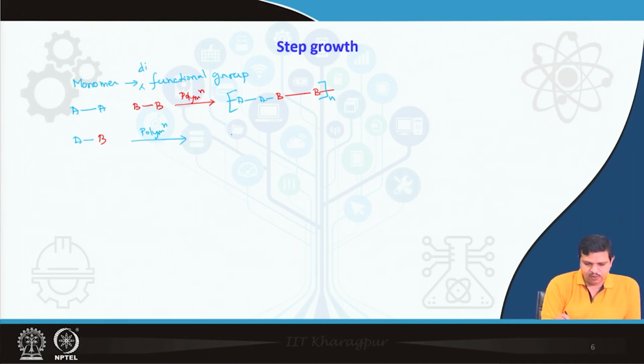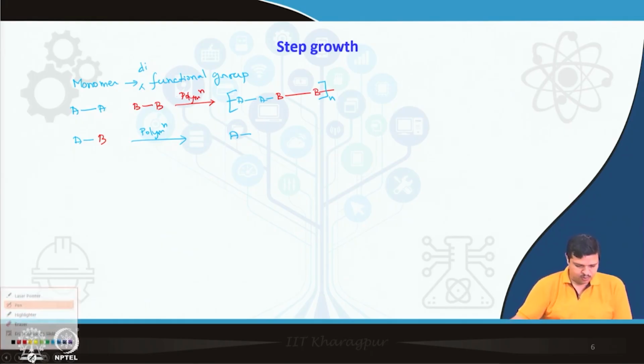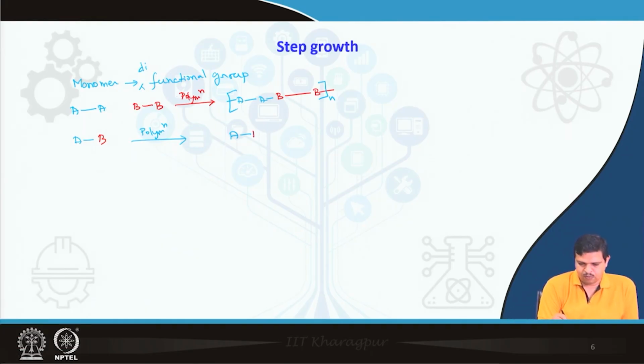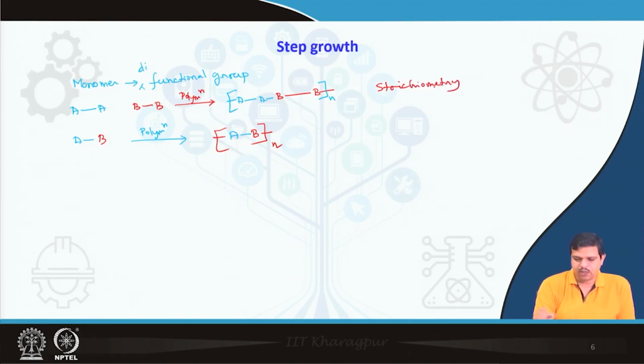So, you will get like this one. Okay. So, obviously, from here you see that polymerization depends on the stoichiometry. Okay. So, you have to follow the stoichiometry very carefully, like here you have to get 50% like that, and the molecular weight will highly depend on the stoichiometry.